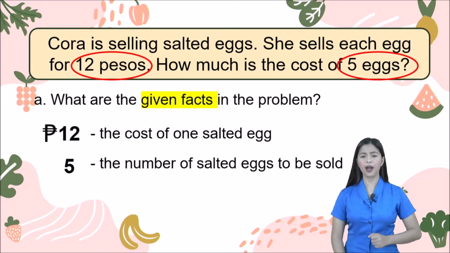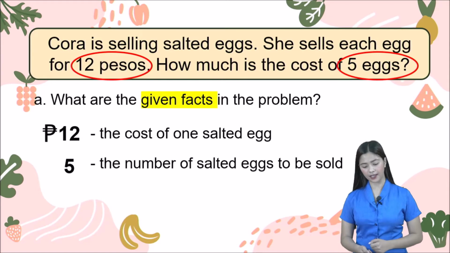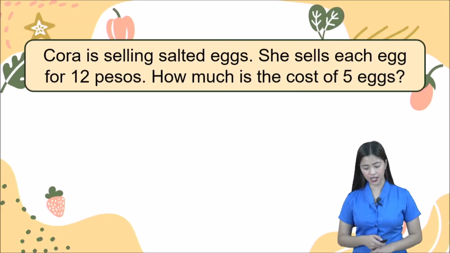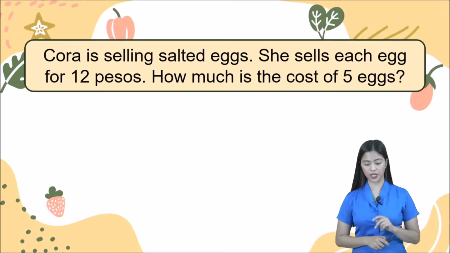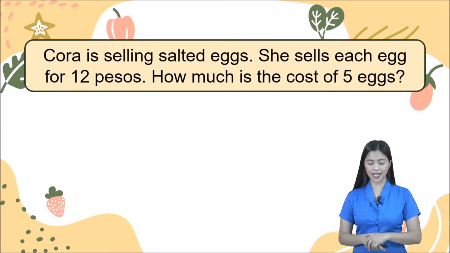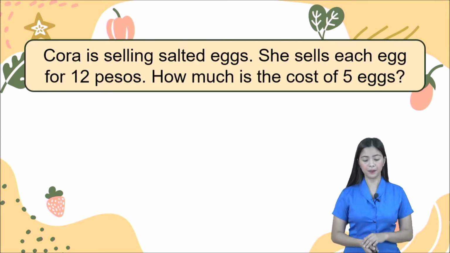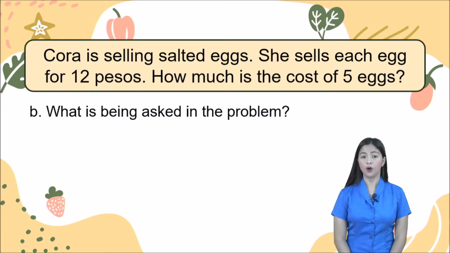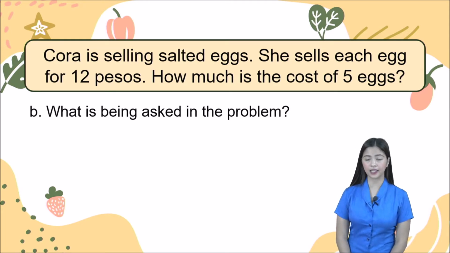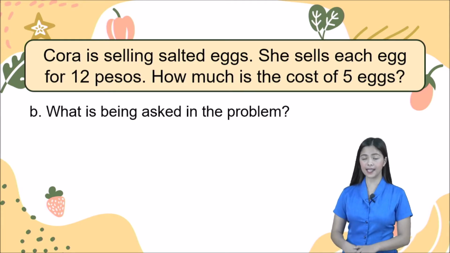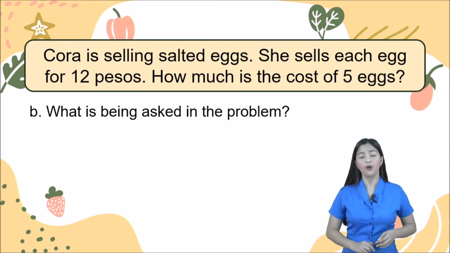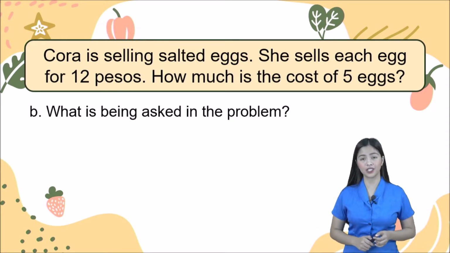So after we get the given facts, let's proceed to the second question, which is, what is being asked in the problem? In here, we need to find the question that we need to solve in our problem.